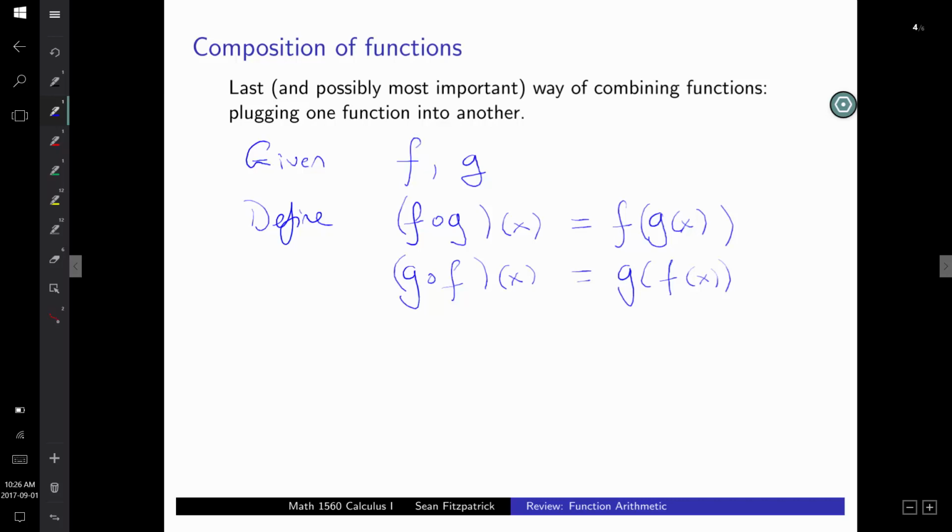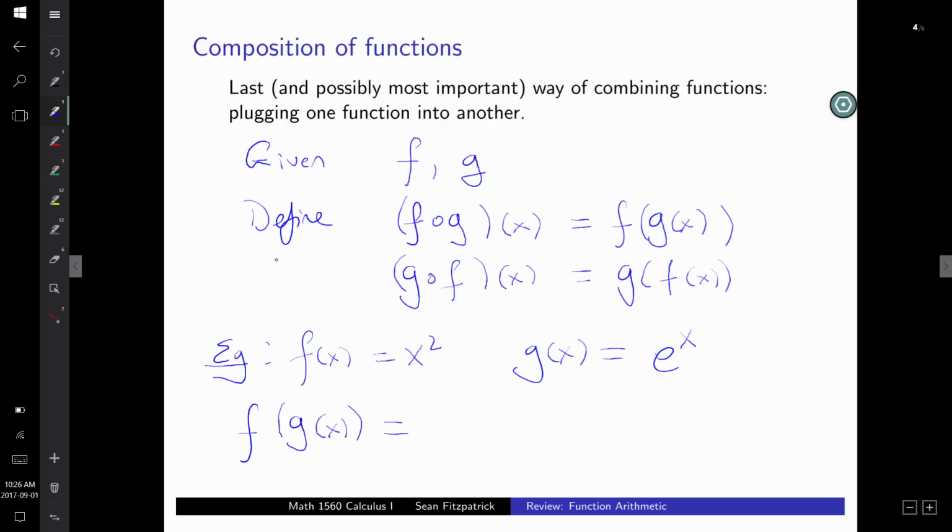So, for example, if f of x equals, say, x squared, and let's say g of x equals, let's do e to the x, right? So f composed with g, so f of g of x would be, well, I do f of e to the x, and so that means this function notation always says you take whatever this input is and you do the operation to it.